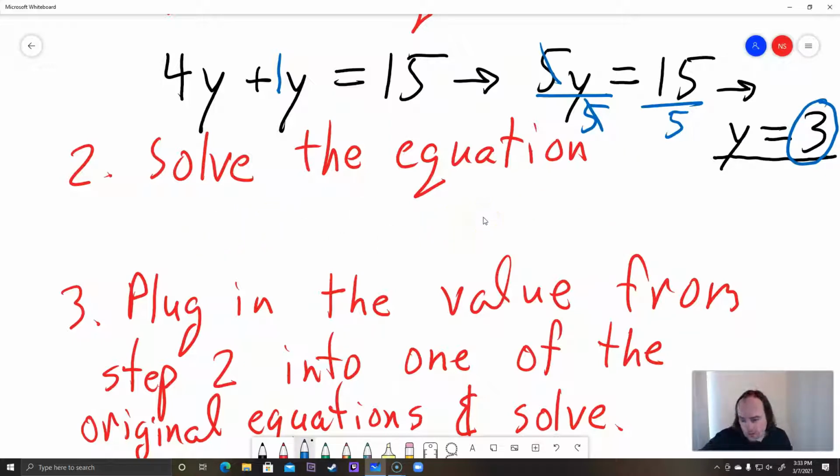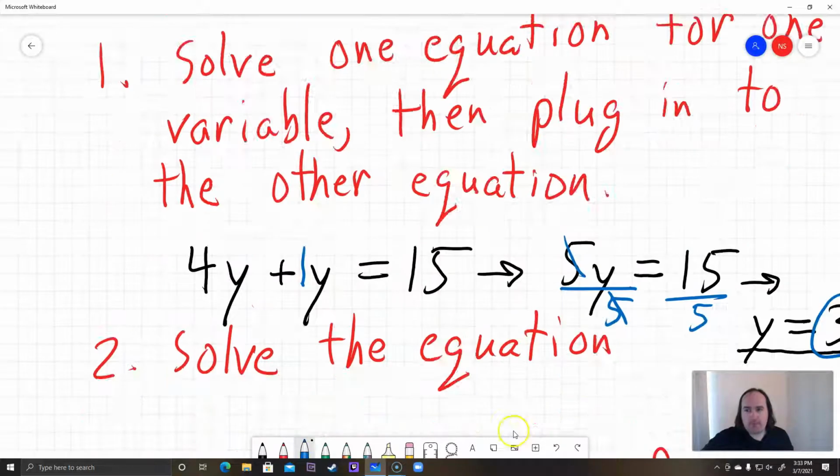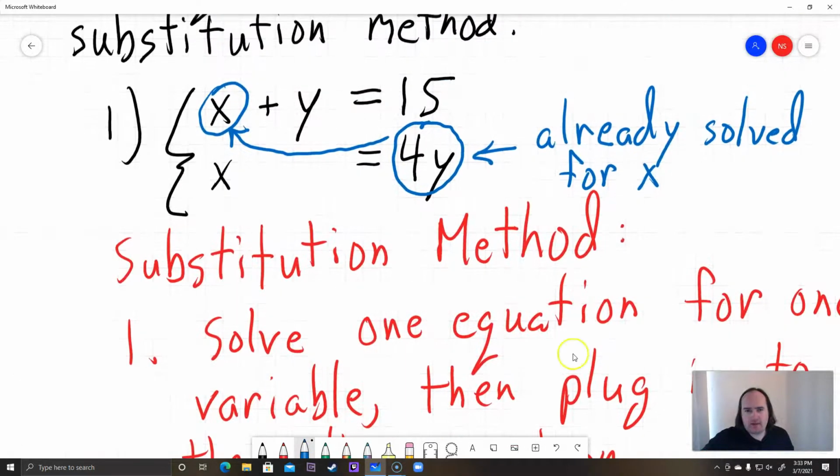Now, which one do we want to plug it into? That's the question, right? Well, you want to be smart about this. If I plug it into the top equation, I'm still going to have to solve for x, because here I'm going to have a 3, and then I'm going to have to subtract 3 from both sides. So it's probably easier to use the bottom equation.